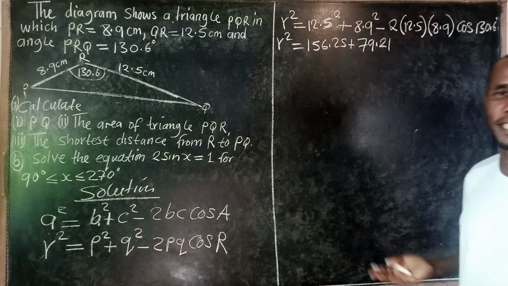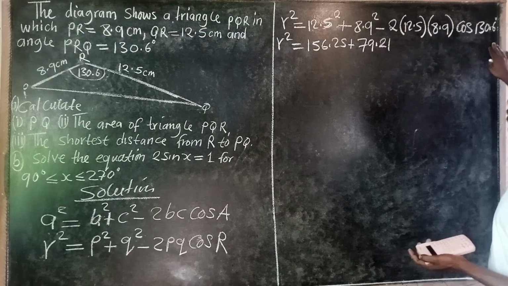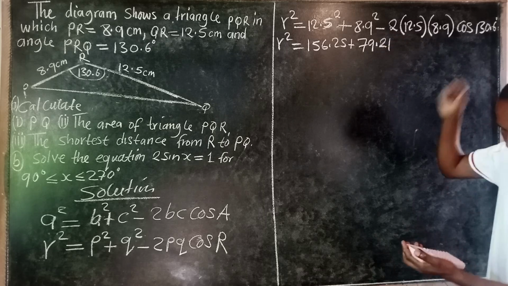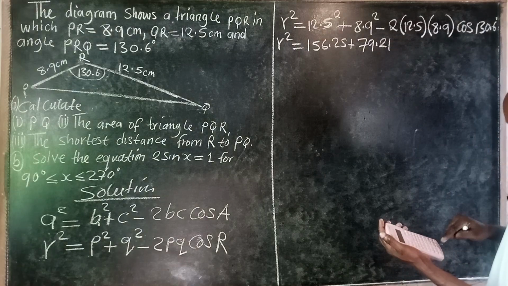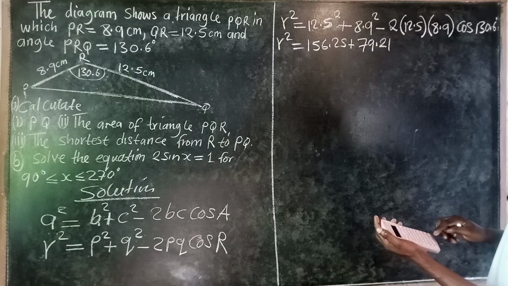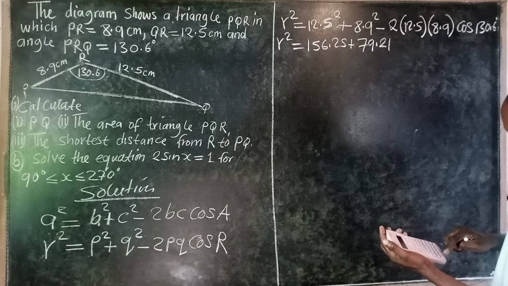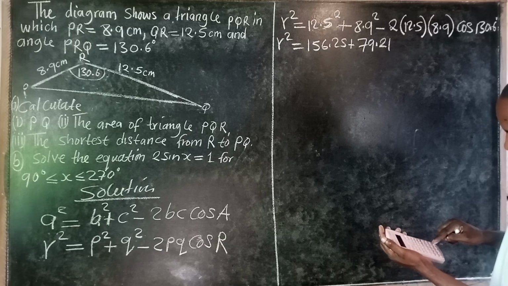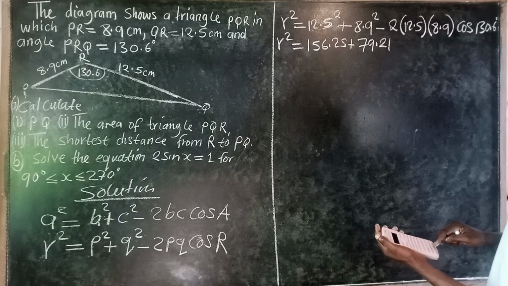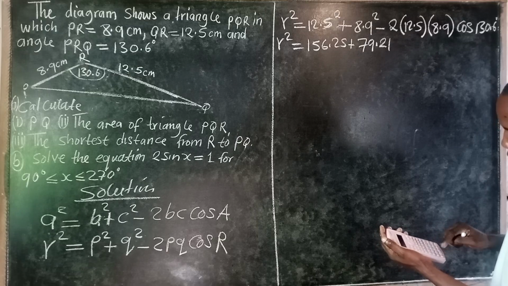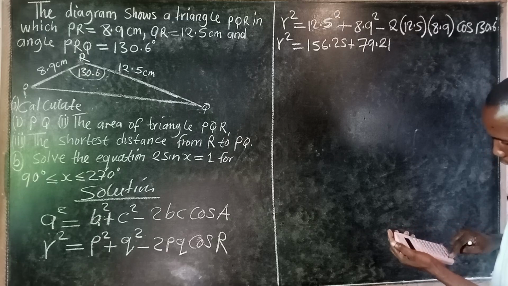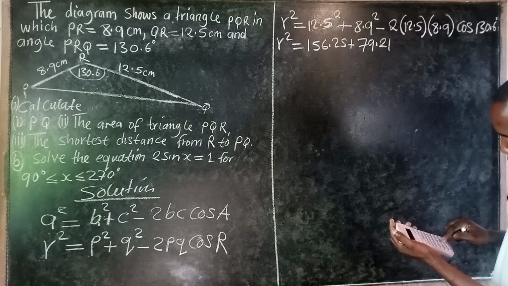Since we are just multiplying, we can multiply everything here to get the answer. Since this 2 is negative, there's a minus there. So you start with minus 2, then times 12.5, then times 8.9, then times cos 130.6.